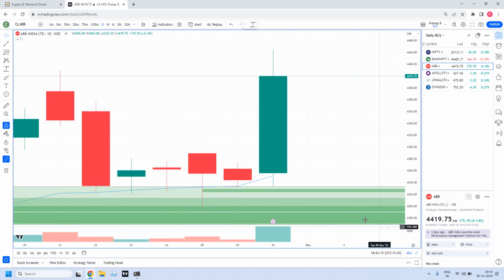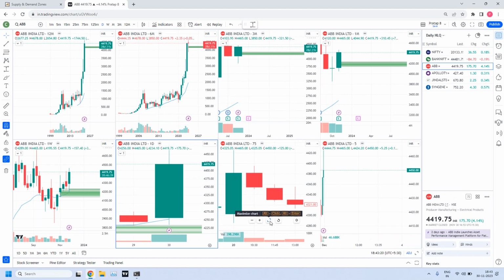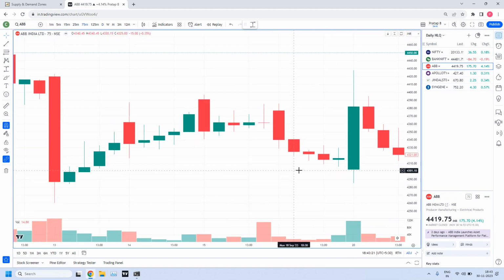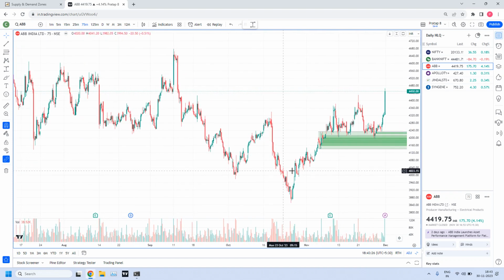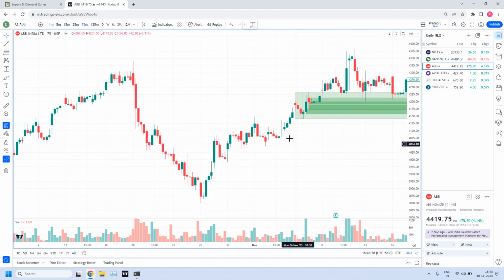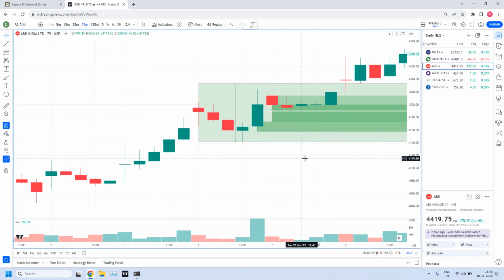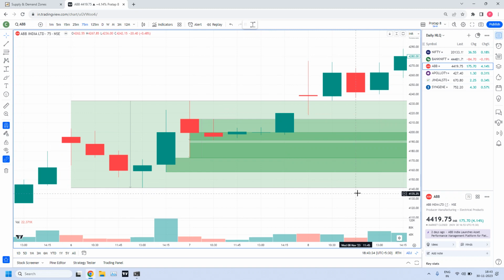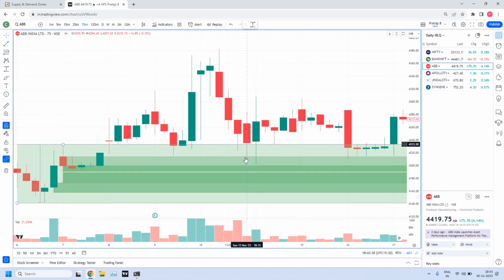Narrowly missed yesterday, even today. We have already fine-tuned this with the 75 minutes zone. Previously, we got one entry inside this zone.